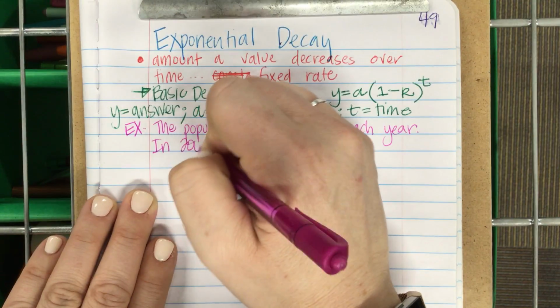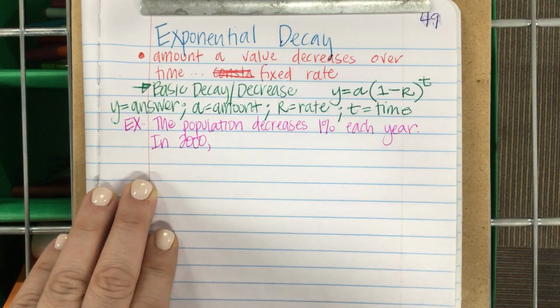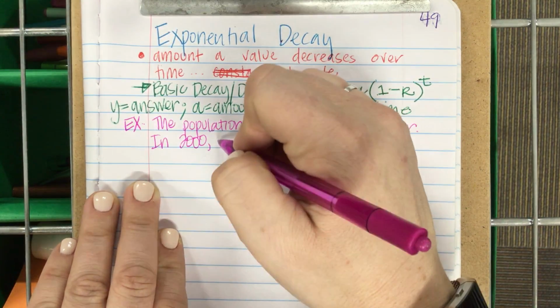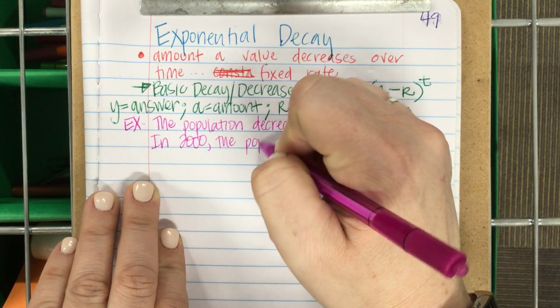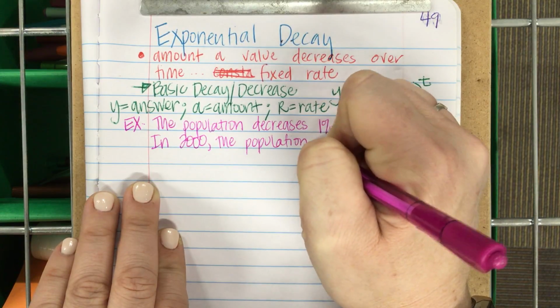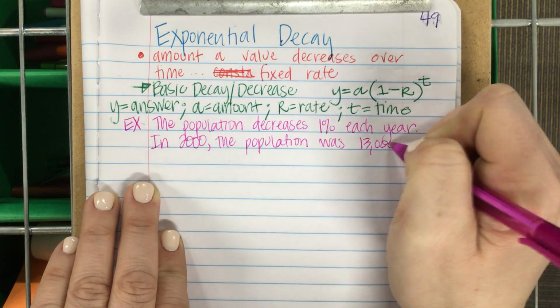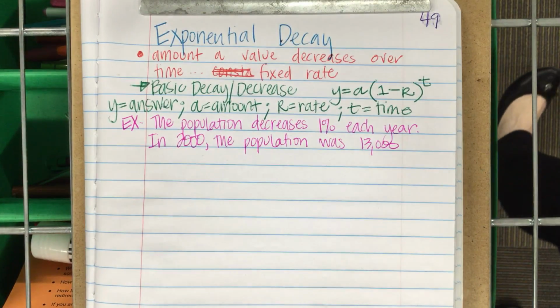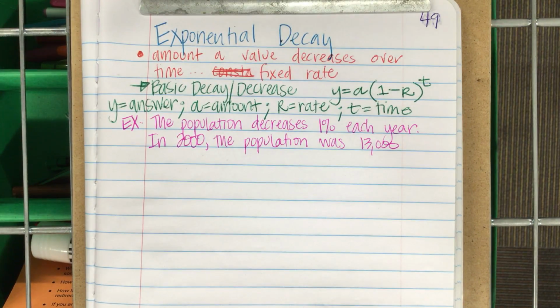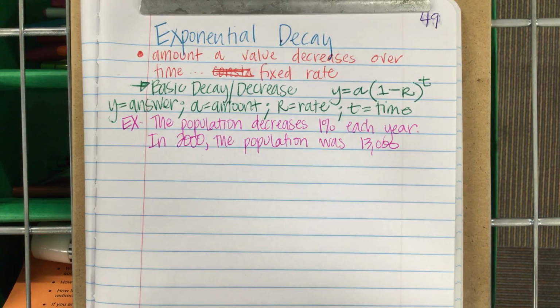In 2000, the population of this town was 13,000. So in this one, every year they have statistically seen that the population is decreasing about 1% each year. People are moving or dying. Not as many people are moving in. Yada, yada, yada.